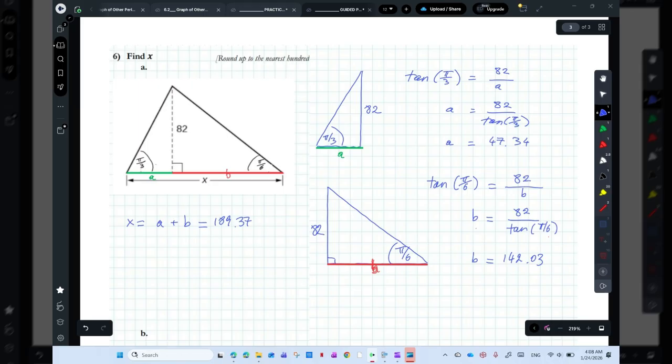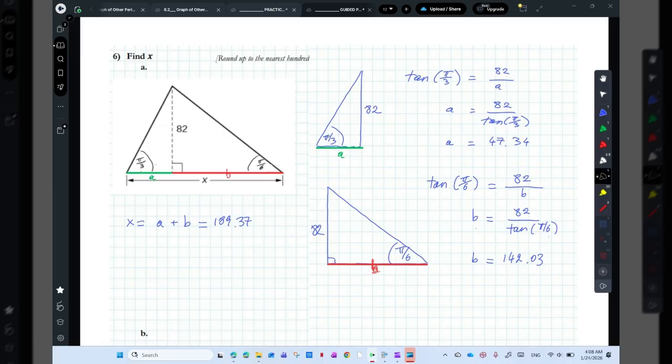Another way to solve that is to remember your geometry, that pi over 3 is 60, and therefore I've got 30 here. So I've got this special right triangle. And same thing here.